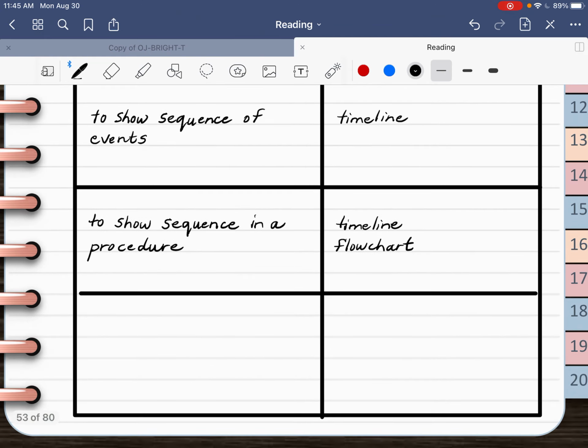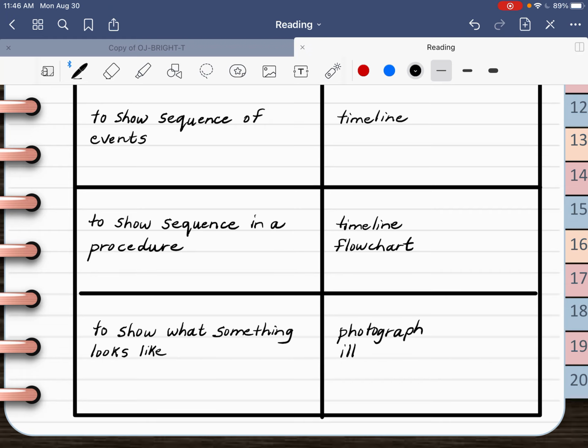And then finally, if the author wants to show what something looks like, a couple of ways to do this. One is just a photograph. You can take a picture of it, or you can draw an illustration. So a photograph is taken with a camera.